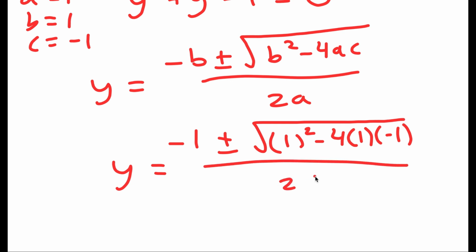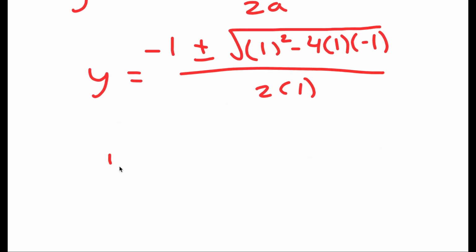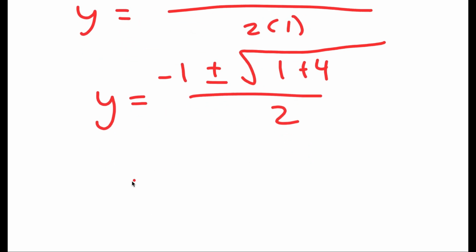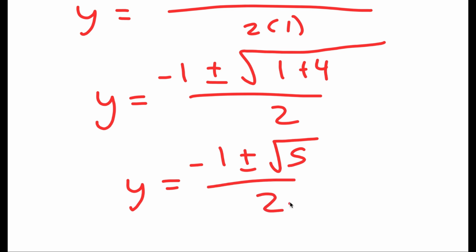And I have all this over 2a, so 2 times 1. And now I'm going to simplify this. So this turns into negative 1 plus or minus the square root of 1 plus 4 over 2, which is equal to negative 1 plus or minus the square root of 5 over 2.